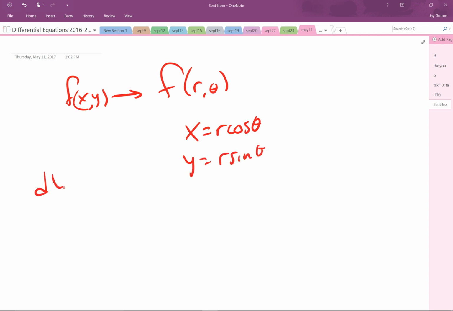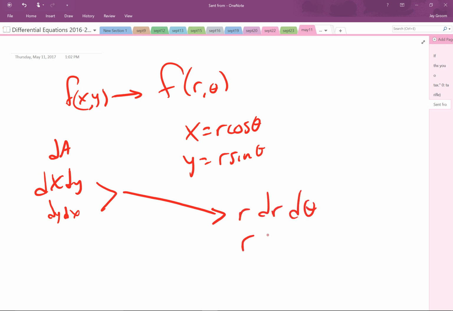And wherever you had a dx dy, which is just a dA, or a dy dx, whatever, you are going to replace these with an r dr d theta, or, if you prefer, d theta dr. It's not very hard. It's one of those things you just got to do. But seriously, the hardest problem I threw up there is like, oh, just change it. That's it. There are double integrals after that.